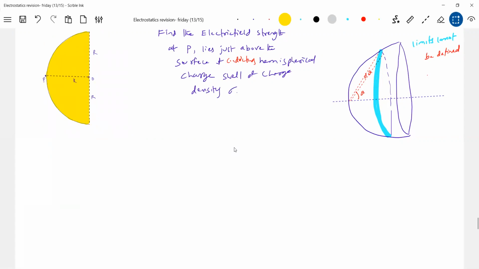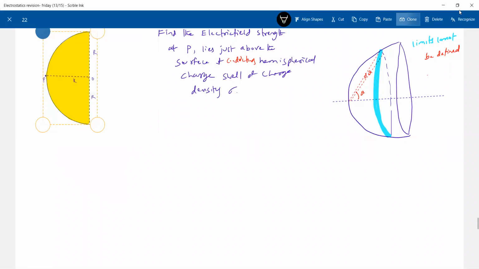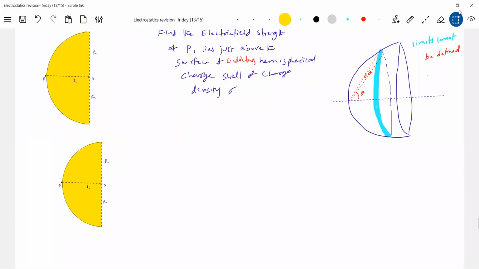So first, the field due to the full sphere, the full shell.